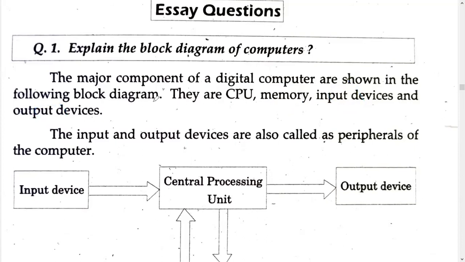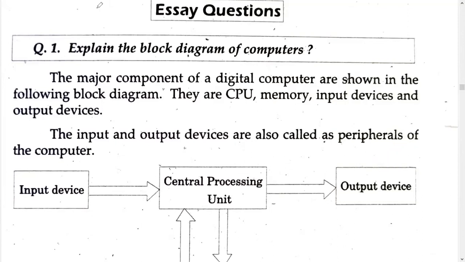So these are the instruments, or you can say components of a device. The input and output devices are also called the peripherals of the computer. Generally, we see keyboard and mouse as input devices, and the output devices are monitor or the screen.